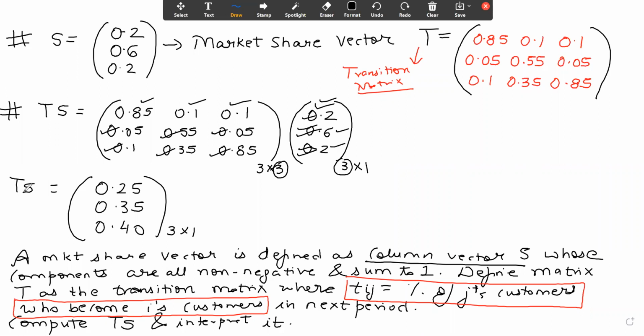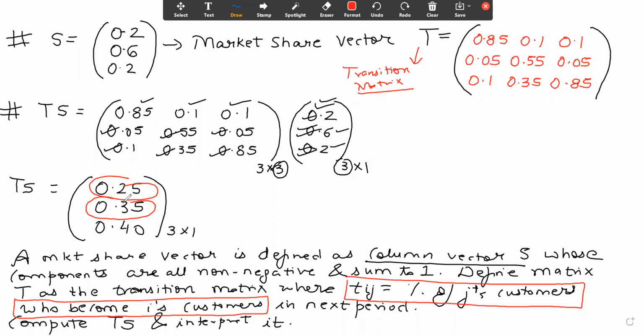that A initially had 20% of the share. Now A has 25% of the market share after the transition has happened. B had how much share? B had 60% of the share. Now B only has 35% of the market share. So B has lost market share.